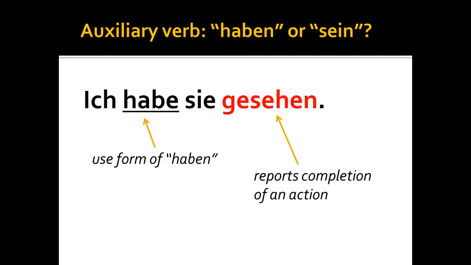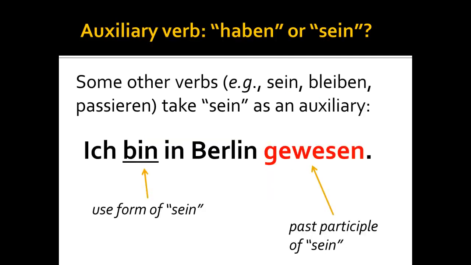Now, that being said, there are, of course, a few small exceptions. Some verbs like sein itself, bleiben, to remain, or passieren, to happen to, take sein as an auxiliary verb automatically. So the sentence you see on the screen, ich bin in Berlin gewesen, I was in Berlin. Gewesen is the past participle of sein.